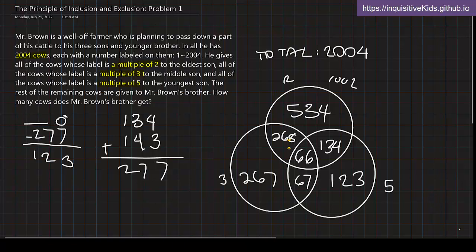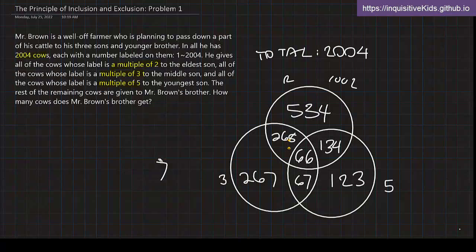Now, let's reread the question. How many cows does Mr. Brown's brother get if the rest of the remaining cows are given to Mr. Brown's brother? Well, we know that there is a total of 2004 cows, right? And these are all the cows right here without any overlaps.